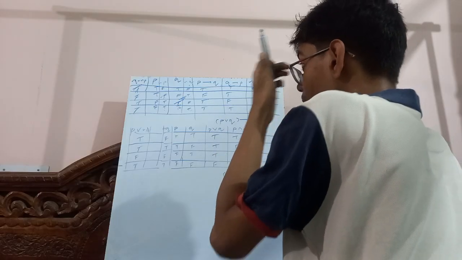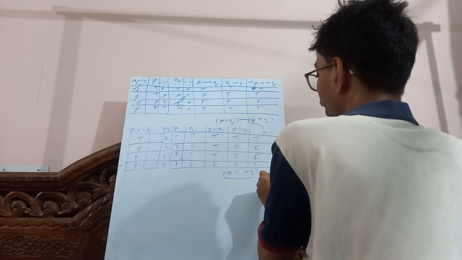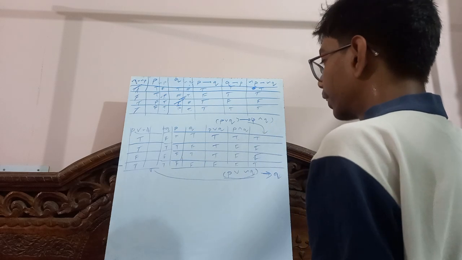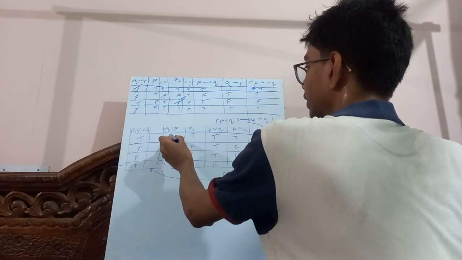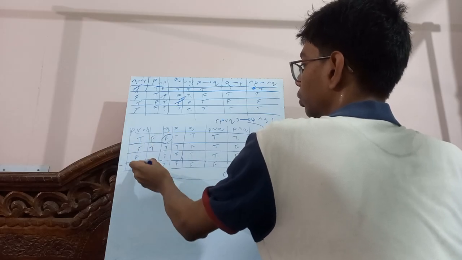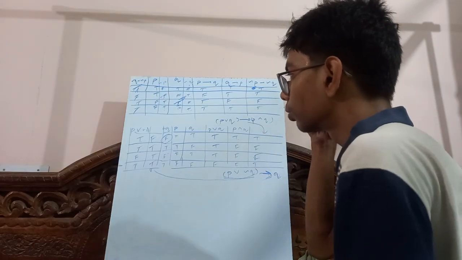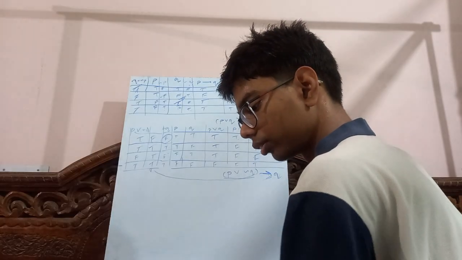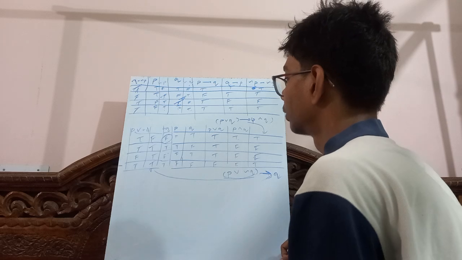And this P or negation of Q arrow with Q, this whole conditional statement can be written as: this is true but this is false, so this will be false, both true, true, both false, true, and both true, so true. Right. So the final answer is this. True, false. Right.